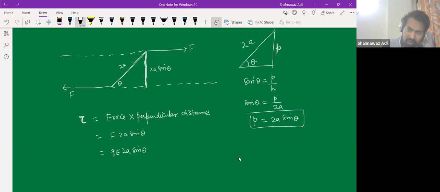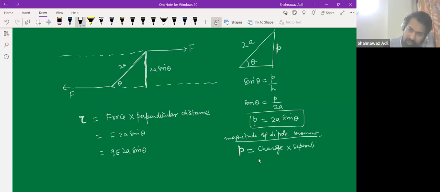And what is the magnitude of the dipole moment? You are not revised, right? Start revising. This is the magnitude of the dipole moment, equal to charge into separation.